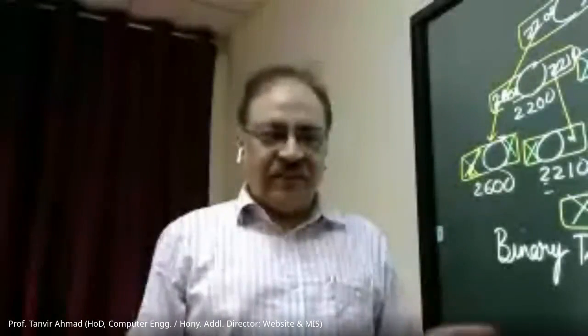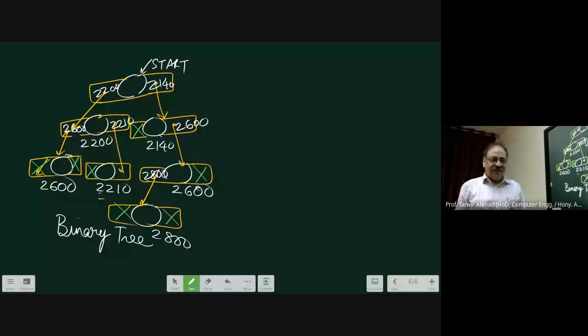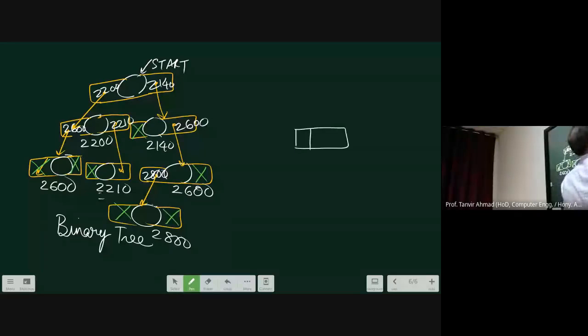Okay. Now you might think of it like this, but you can rearrange it as a double linked list. If you rearrange it something like this, yes, I will try to show you. The left of start is this.